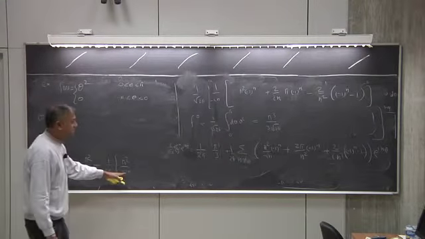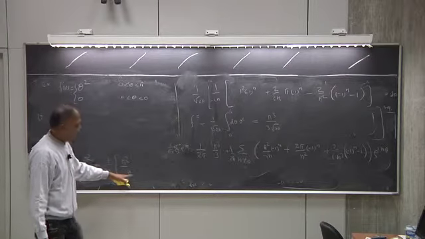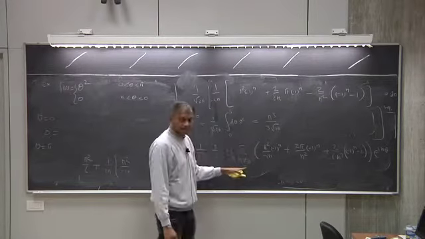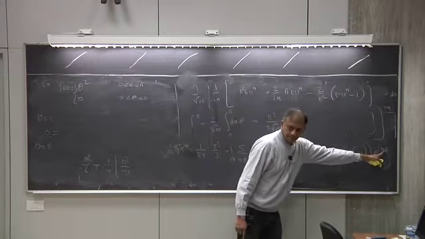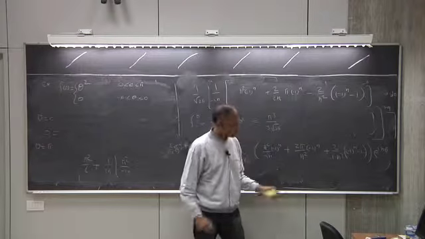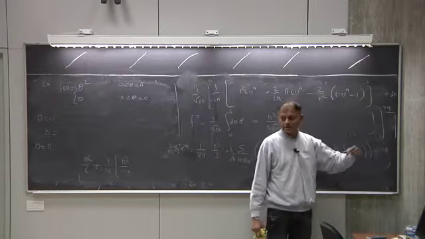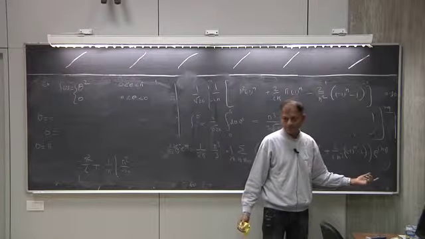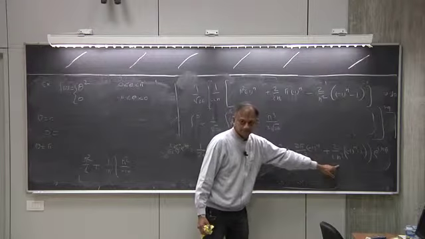But you see this guy is cancelled, right? This will cancel, the odd n's, because I have the summation over both positive and negative n. For theta equal to 0 or pi, e to the I n 0, e to the I n or e to the minus I n is the same answer. So when I sum it up, the odd powers of n will vanish.